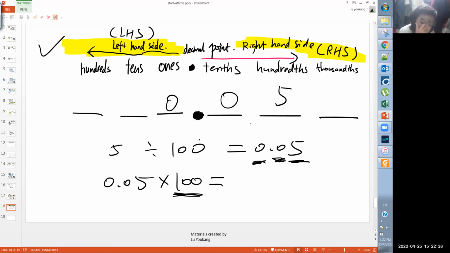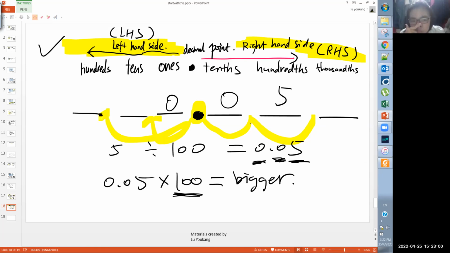It will become bigger or smaller? Bigger. Okay, it will become bigger. So definitely this value will be bigger when you times 100. So what do you think? Do you think this decimal point will move to the right or to the left when it comes to times? Move to the left.